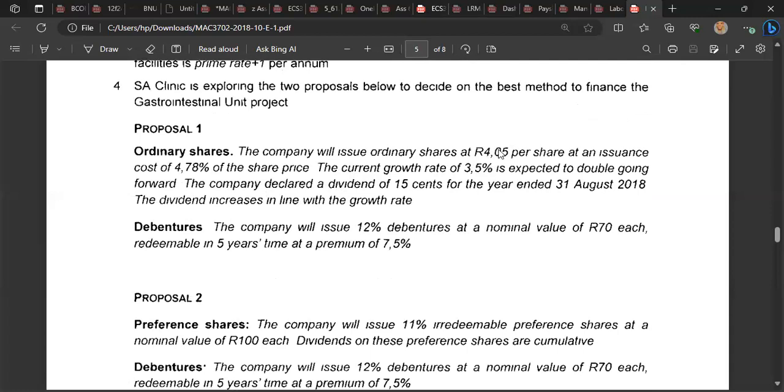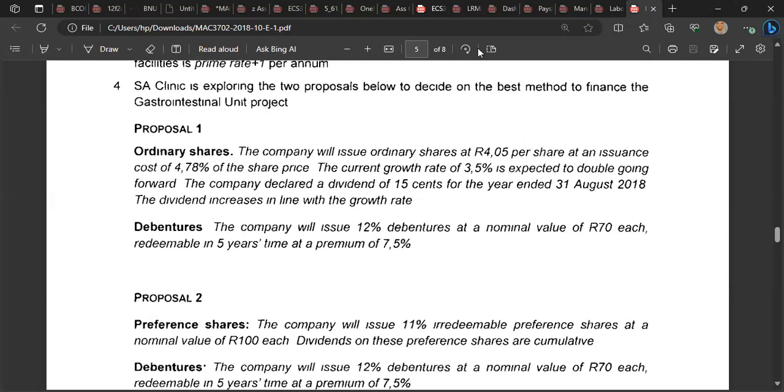Now we want to find out how many of these ordinary shares we can issue if this is the given value and we wish to raise that amount there. So we need to find the money that we can get per share, and then divide the amount of money that we need by it.